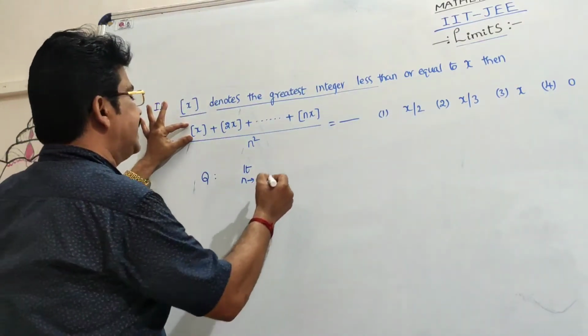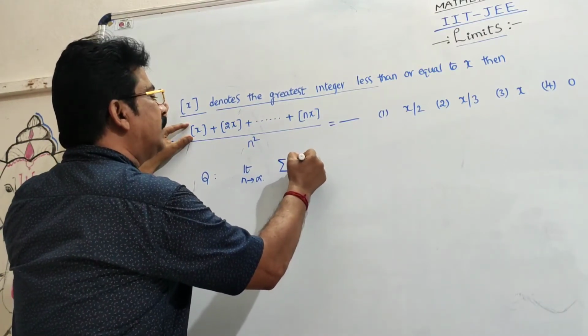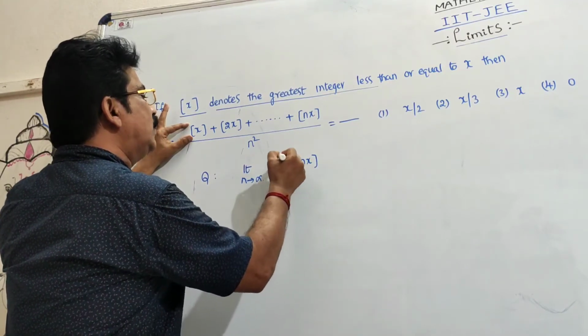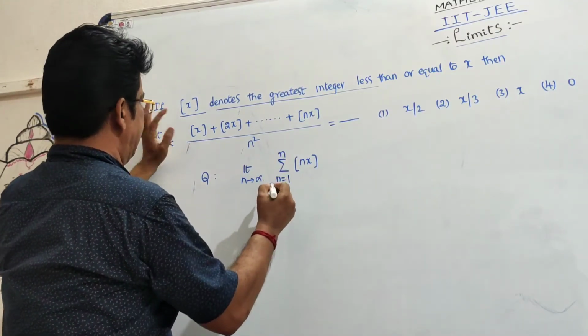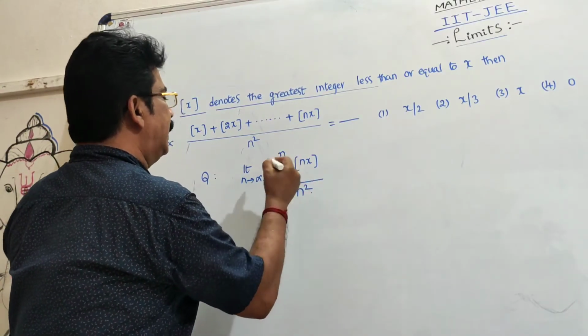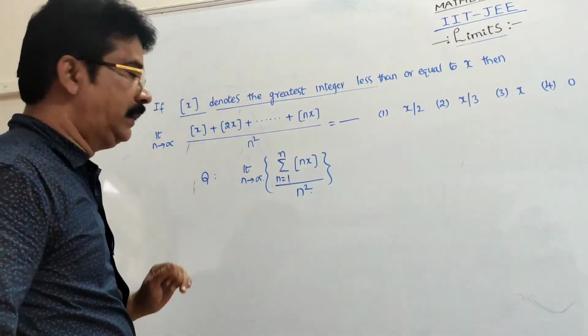Simply it can be written in the sigma form, sigma box of nx, where n equal to 1 to n, whole divided by n square. This is the given question, right?